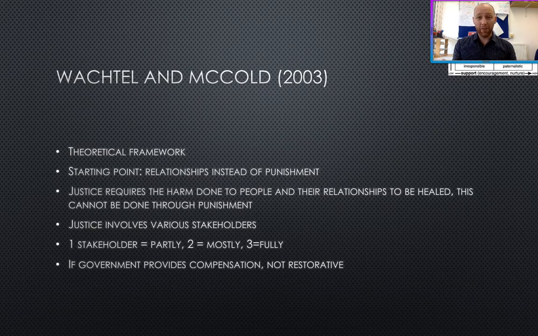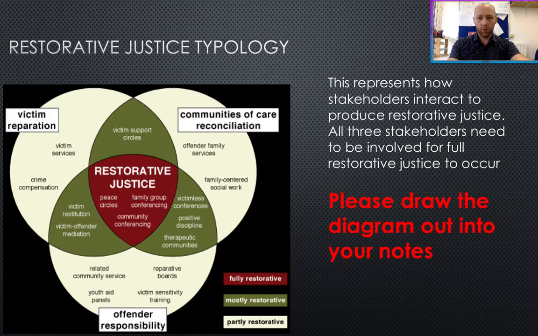And if the victim, offender, and some representative of society as a whole, the police, whoever it may be, or the civil community are involved, then it becomes more fully restorative. The offender could pay back the cost of that laptop, return the laptop, restore it, or there could be some other sort of compensation. But if someone steals your laptop and then you claim money from an insurance agency to pay for it, that's not justice, according to Wachtel and McCold.